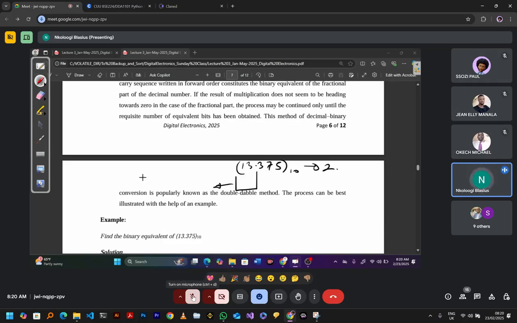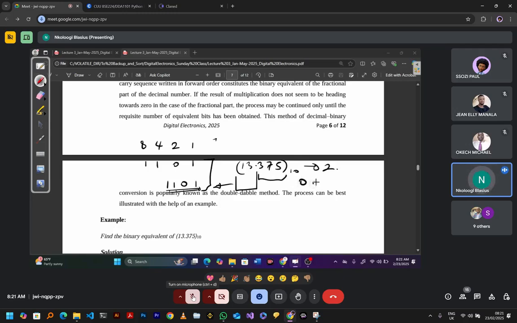If I'm not mistaken, if I use powers here, maybe weights, I have 8, 4, 2, 1, then 13 will be something like 1, 1, 0, 1, but this is now the integer part.